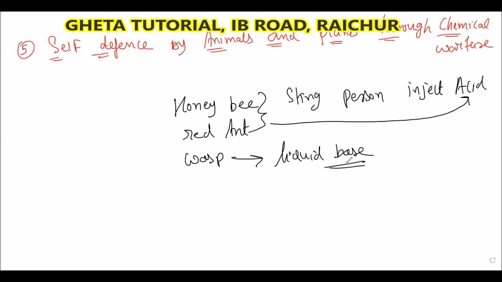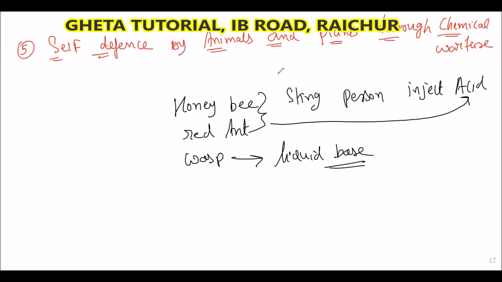The base is injected by the wasp, and the honeybee and red ant inject the acid. Whenever a honeybee stings a person, you will feel a lot of pain and irritation.